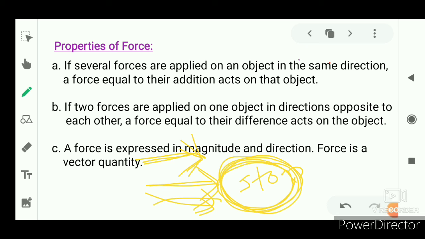For example, if someone is applying a force of 5 newton, another 10 newton, another 15 newton, means the total force acting on the stone is the sum of these three persons.